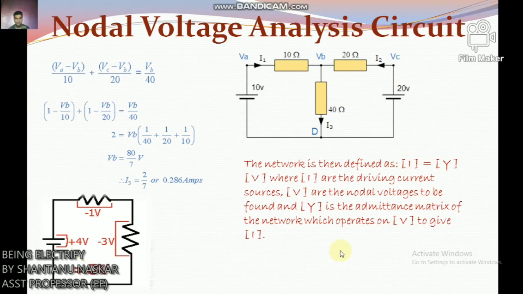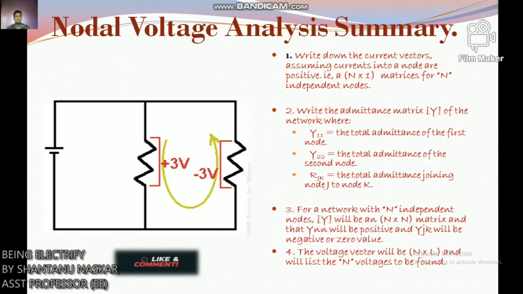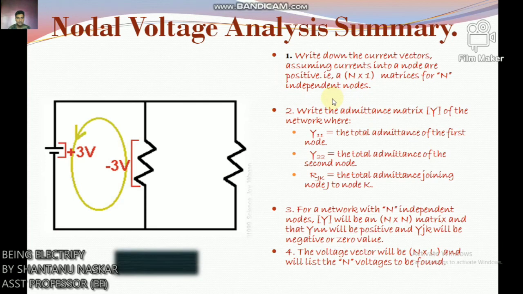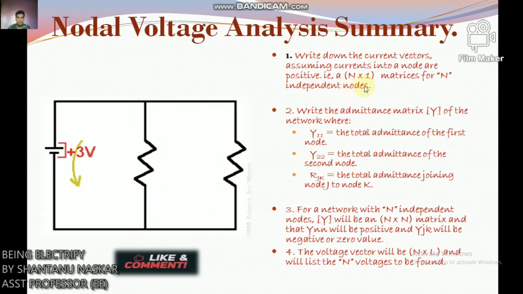Now, the nodal voltage analysis summary. The basic procedure for solving nodal analysis equations is: first of all, write down the current vector, assuming currents into a node are positive, as an n by 1 matrix for n independent nodes.